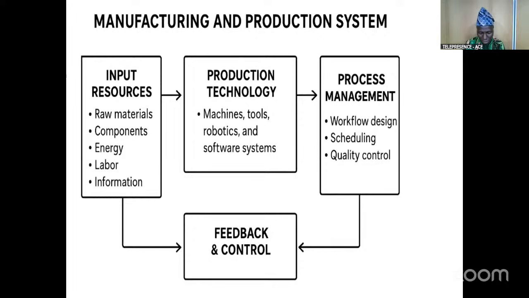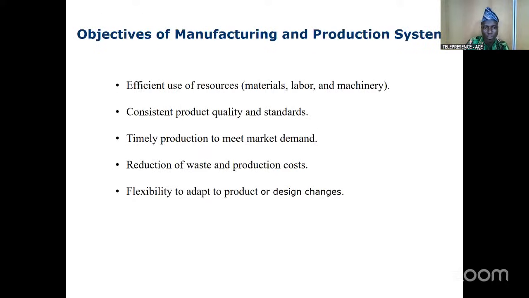So this is just a pictorial diagram to show what are the objectives of manufacturing and production system: efficiency of resources, consistent product quality and standard, timely production to meet market demand, reduction of waste and production cost, flexibility to adapt to product or design changes.